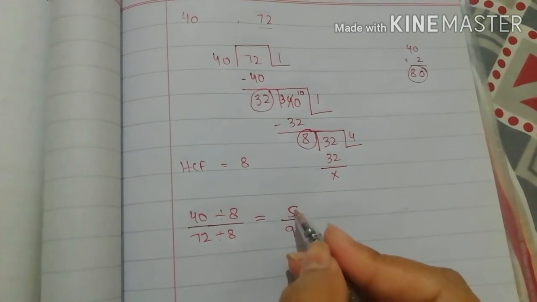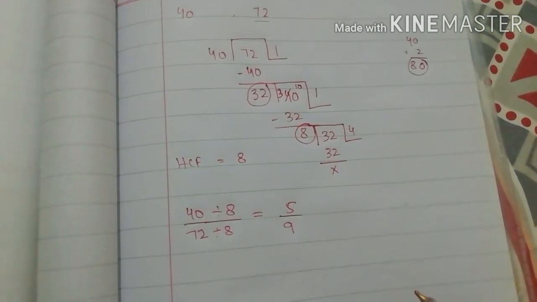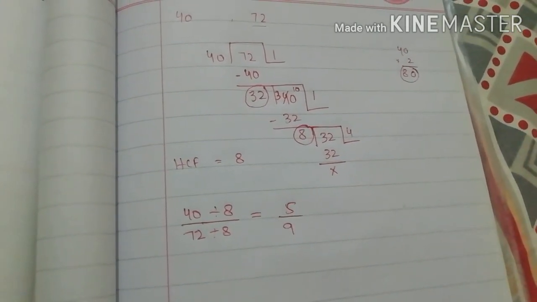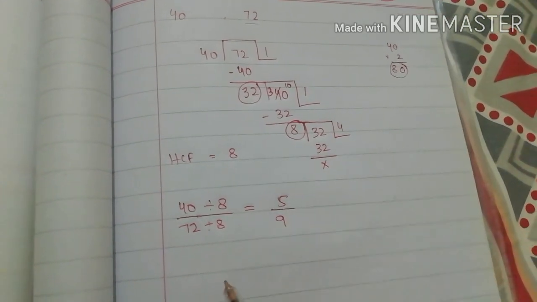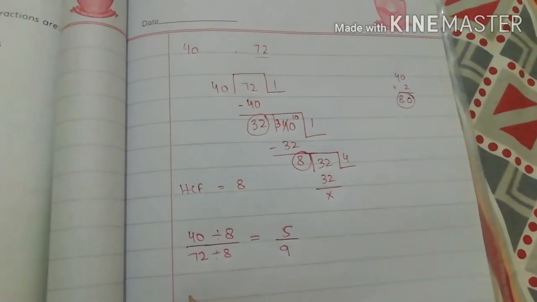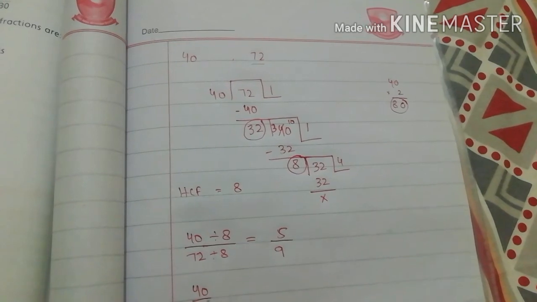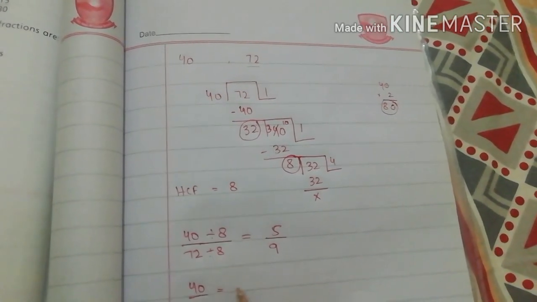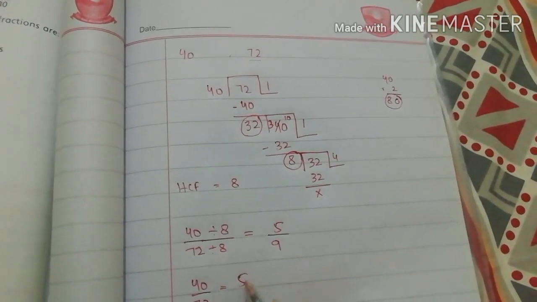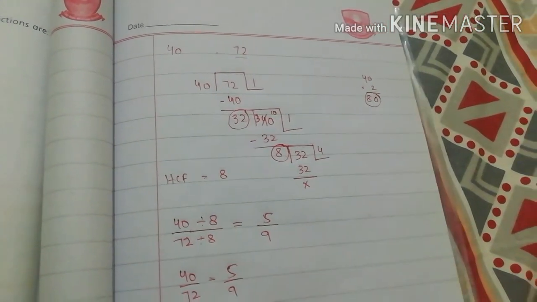Dear students, 5 by 9 आगे further divide नहीं हो सकते एक ही टेबल में. So the lowest term of 40 by 72, 5 by 9, is in its lowest term.